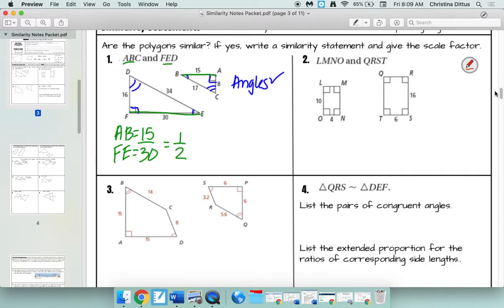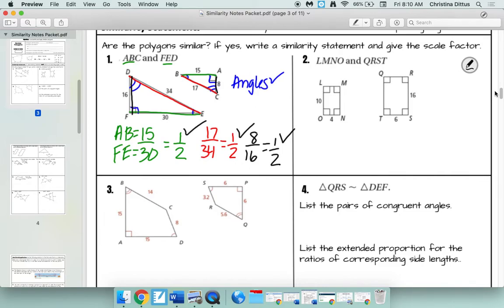How about BC? BC is 17. What matches that one? 34, my hypotenuse. Is that in a ratio of 1/2? Yep, so that one's good. And then the last one's 8 and 16. Is that reduced to 1/2? They're all 1/2.